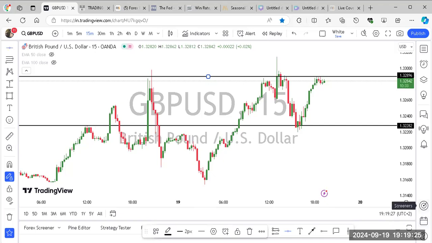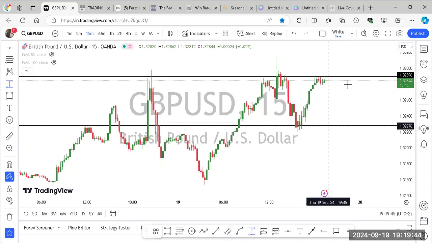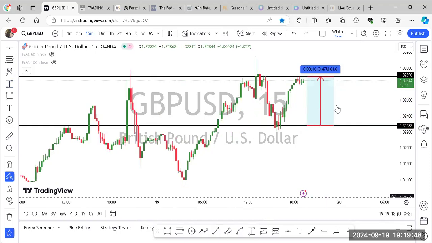So what you identify as the range for the 1 hour, let it appear only on the 1 hour, and maybe on the 4 hour if it still makes sense there. Are you getting what I'm saying? It needs to be neat. Keep your charts neat so that it makes sense.